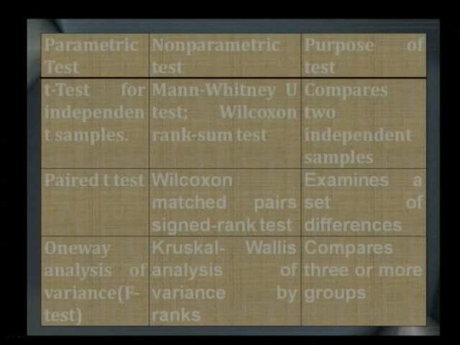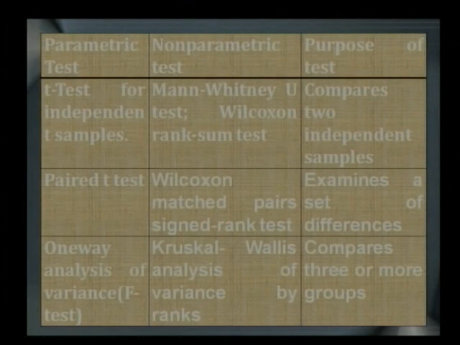While dealing with the parametric test, we apply the t-test for independent samples, and for the non-parametric test, the Mann-Whitney U test or Wilcoxon rank sum test. The purpose of this test is to compare two independent samples.